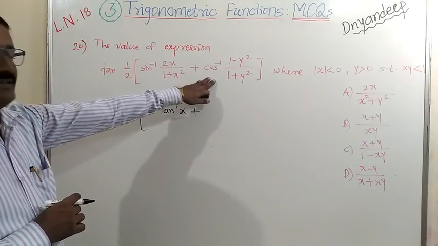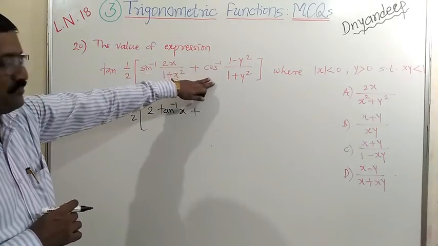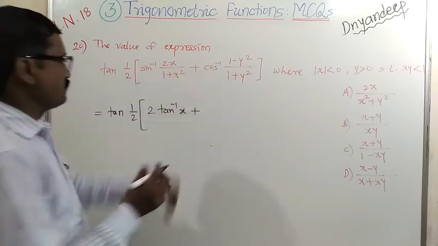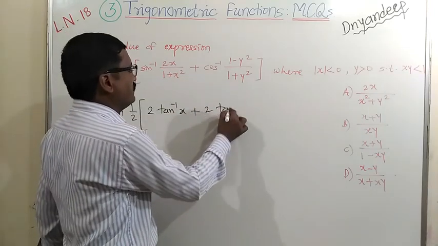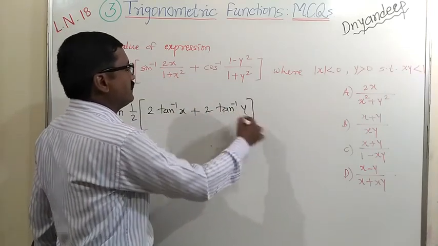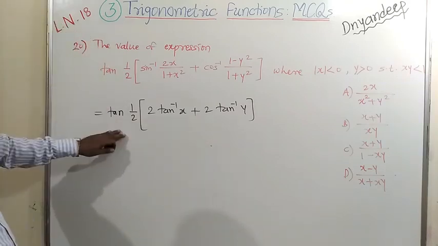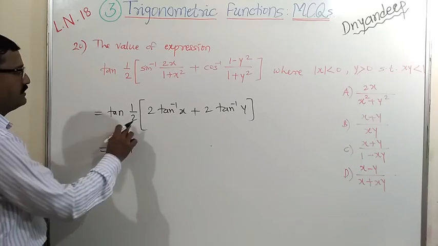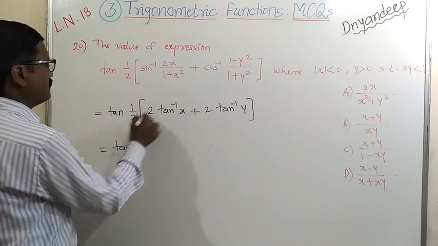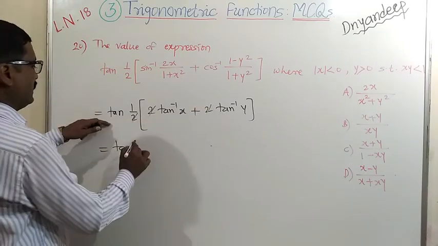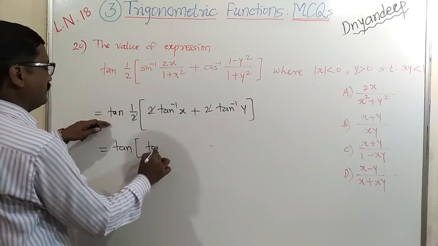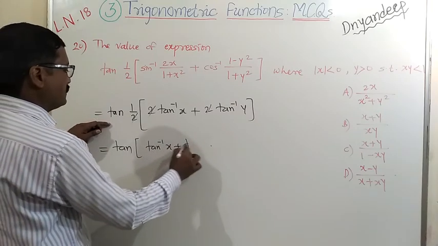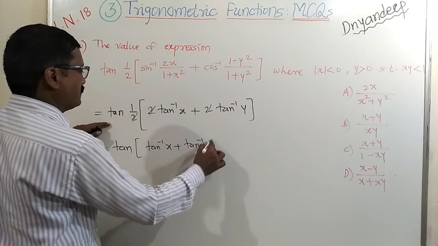Also here tan 2 tan inverse of y is equal to cos inverse of 1 minus y square. So 2 tan inverse of y. So this given expression becomes like this. That is equal tan of these two and these two get cancelled. Remains tan in bracket tan inverse x plus tan inverse y.